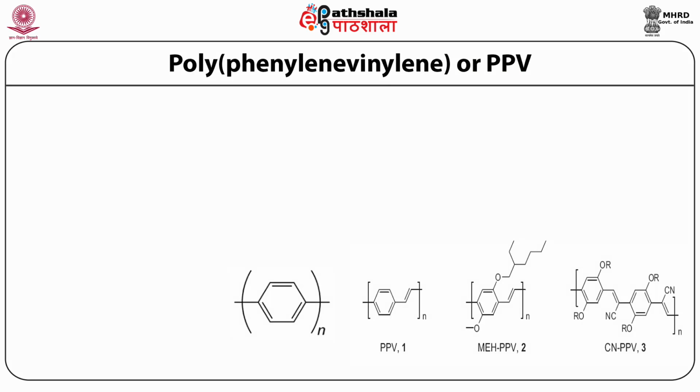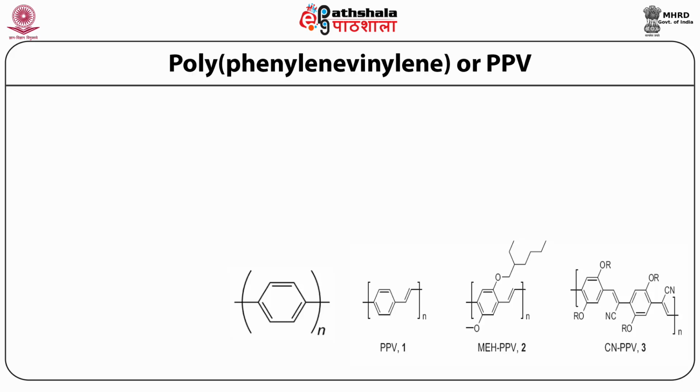PPV or polyphenylene vinylene. Polyphenylene, which is also termed PP, is shown in the figure. It is another conducting pi-conjugated polymer which attracted substantial research attention as it can be tailored into various derivatives which can be engineered for optical and electrical properties.